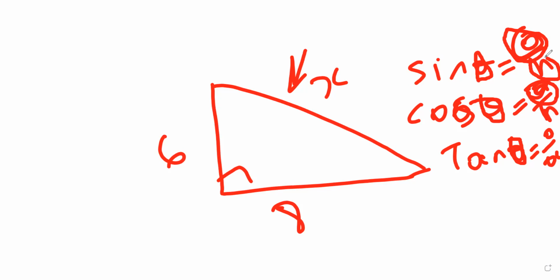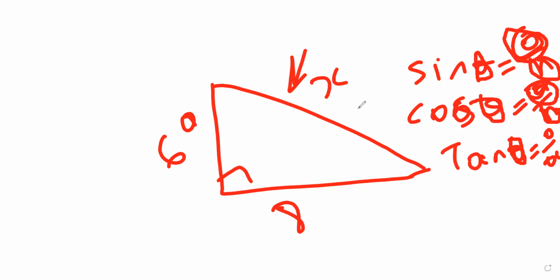This hypotenuse side is always there. But guess what? We don't have any opposite side. We don't even have any adjacent side. Because in order for us to have an adjacent side or an opposite side, we must have a reference angle. And we don't have that. Therefore, this problem can only be solved by using the Pythagorean theorem.